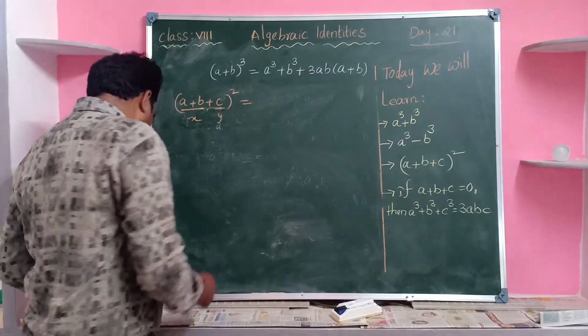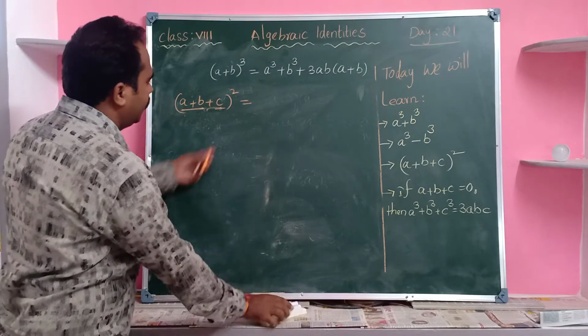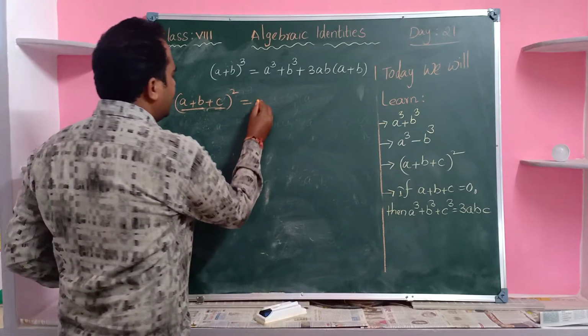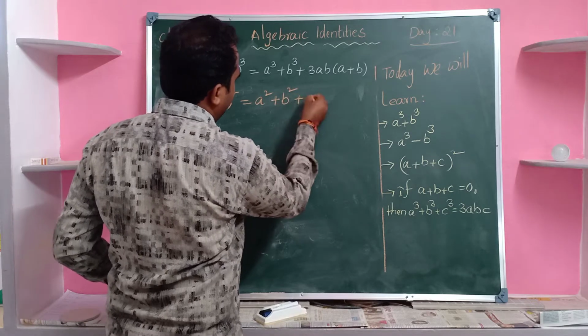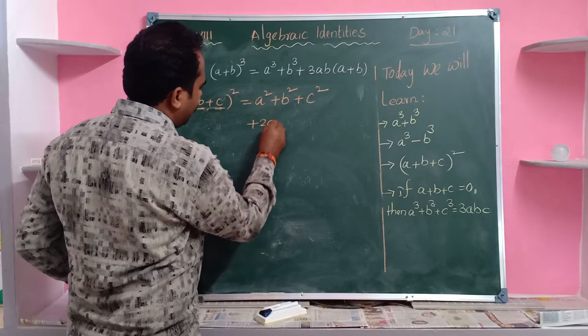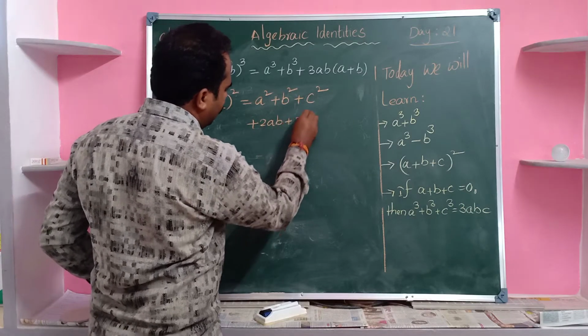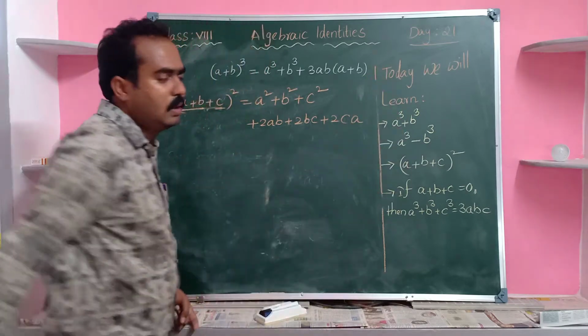So if you do like this, then you will get the expansion a square plus b square plus c square plus 2ab plus 2bc plus 2ca.